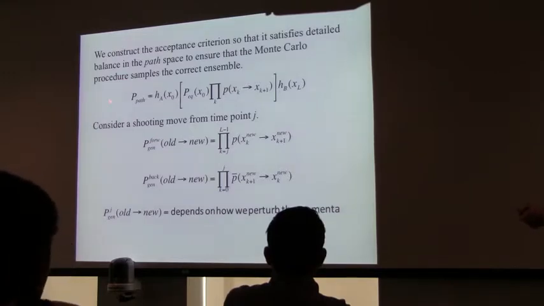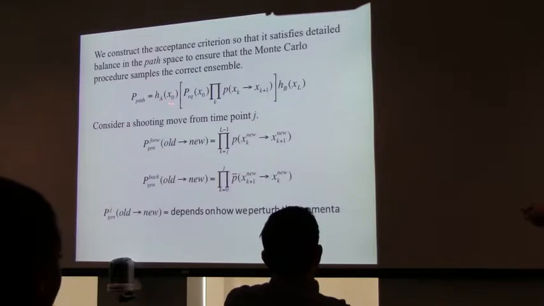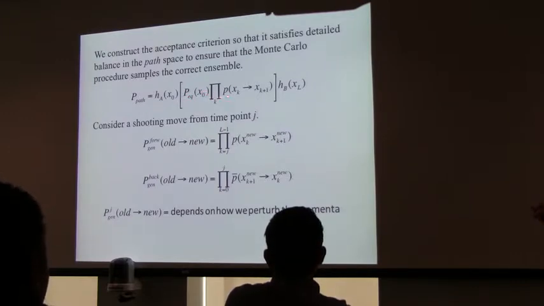So the path probability, what's it going to be? It's going to be something that picks out that I start in the reactant basin, the A basin. Then the probability of my first point, which anchors me in the canonical ensemble. And then a product over transition probabilities that take me from one point to the next in the trajectory.